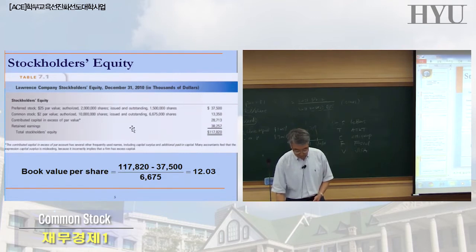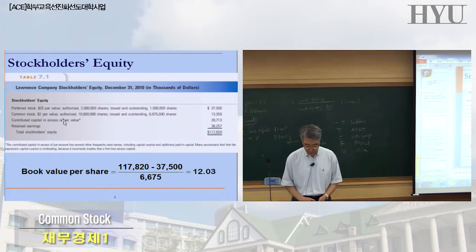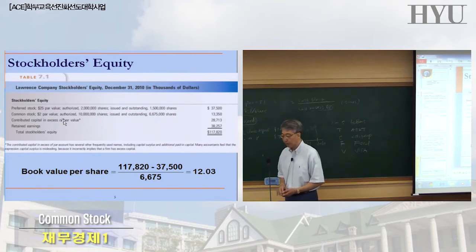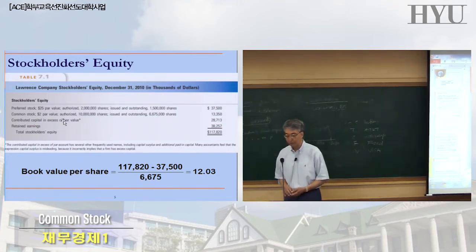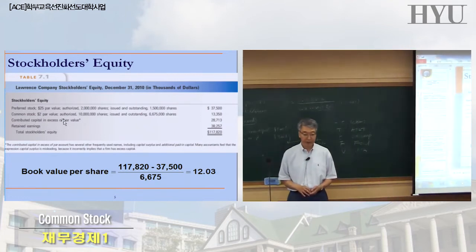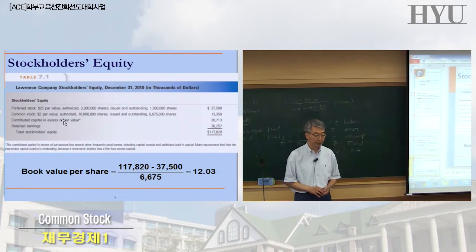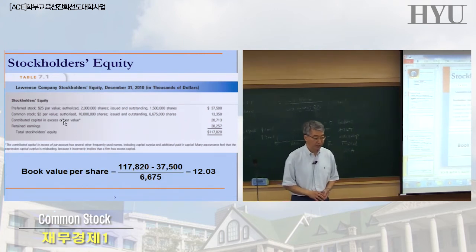Anyway, the next line here is contributed capital in excess of par value. And then the next line says retained earnings. You know where retained earnings comes from. Every year the company operates and generates profit. Out of profit, part of the profit will be paid to the stockholders as dividends.